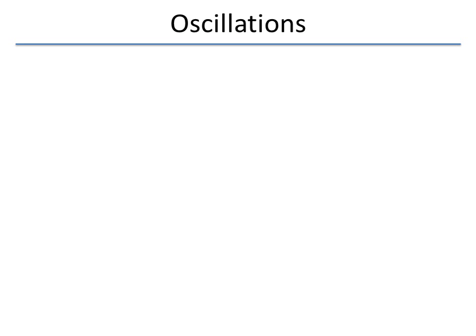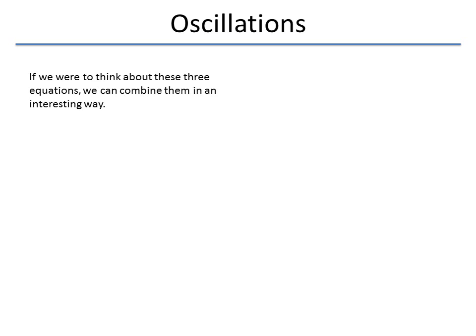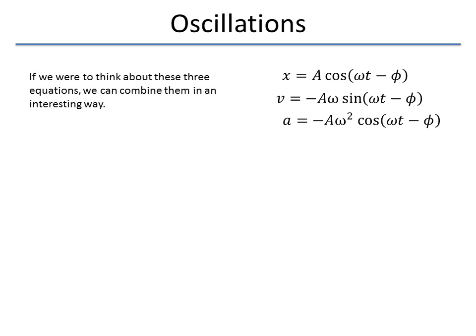Well, if we actually look at this, we can start thinking of combinations of these three equations in an interesting way. So again, we have our three equations: position as a function of time, velocity as a function of time, and acceleration as a function of time. And we notice something interesting. We notice that the position, this a cosine omega t minus phi, shows up here.